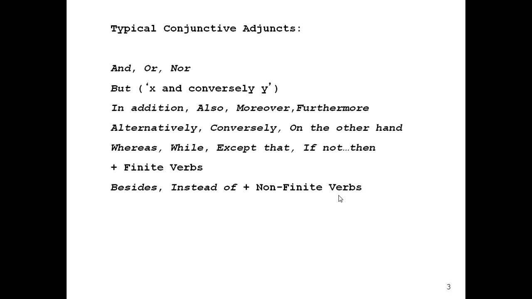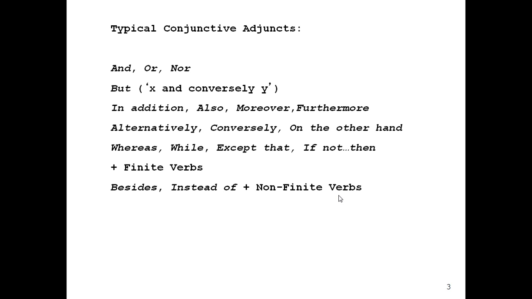All right, so let's see the typical conjunctive adjuncts, that's conjunctions that relate clauses in a relationship of extension, okay? And, or, nor, but, in addition, also, moreover, furthermore, alternatively, conversely, on the other hand, whereas, while, except that, if not, then.